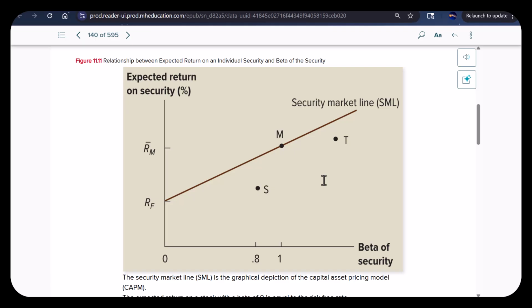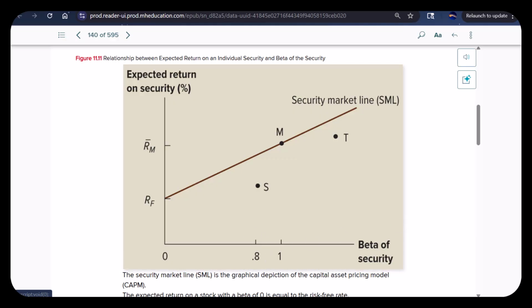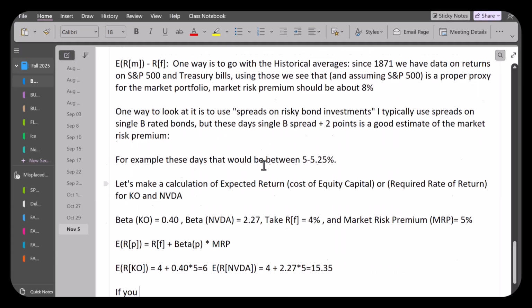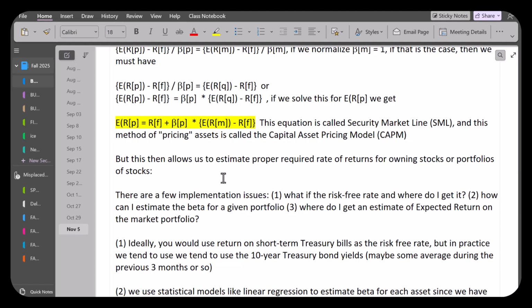If using this equation that I call the security market line, if I created a graph where I have the beta, or the risk, on the horizontal axis, and I have the expected return on the vertical axis, I would get this graph.